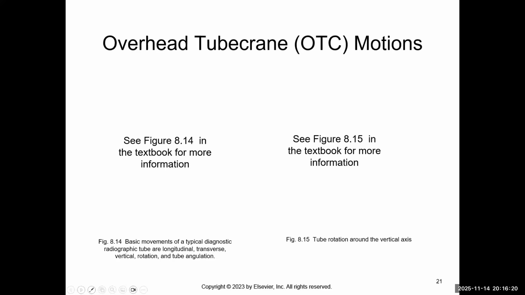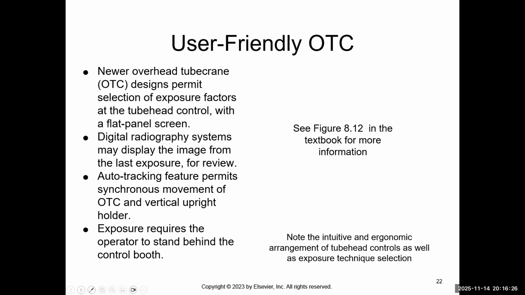All right, and then there's one that actually kind of shows you the motions and how you can move it, but I don't have those on my screen. All right, user friendly. So the newer overhead model designs, and this picture is in your book, back in the day, we only really had the collimation knobs and of course the buttons to rotate and swivel, move it up and down, and then of course the SID.